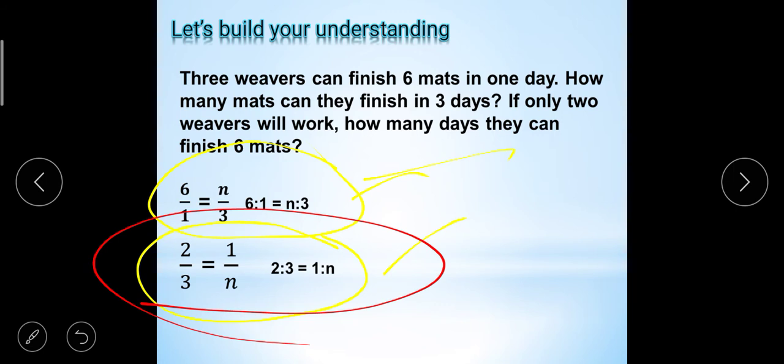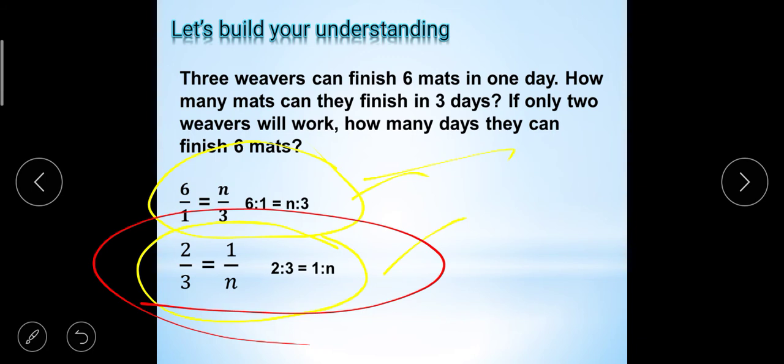Di ba? 6 mats yung kailangan nilang magawa sa loob ng isang araw. Pero since nabawasan yung number of weavers, yung number of days naman is nadagdagan. Did you get it?